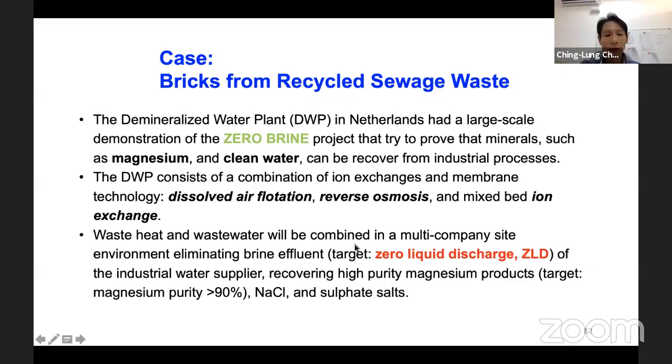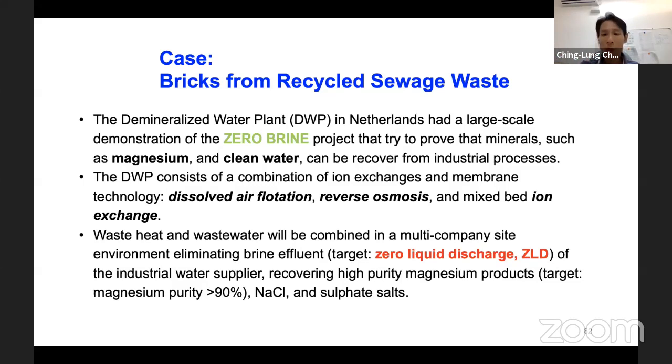They call this project zero liquid discharge, ZLD. Actually, this is a new term in the wastewater treatment process. Zero liquid discharge means we don't discharge any wastewater outside of the company.